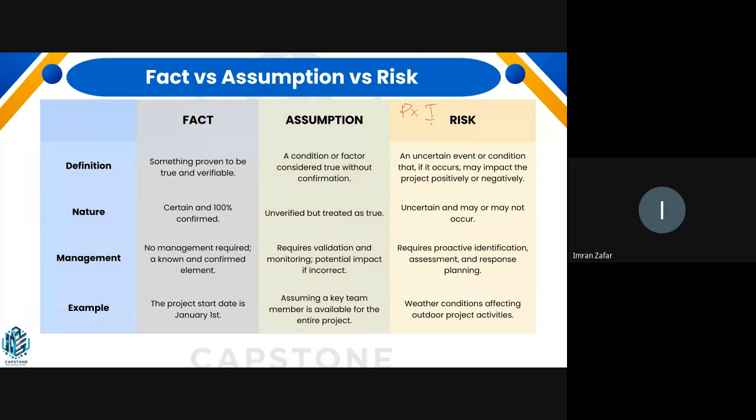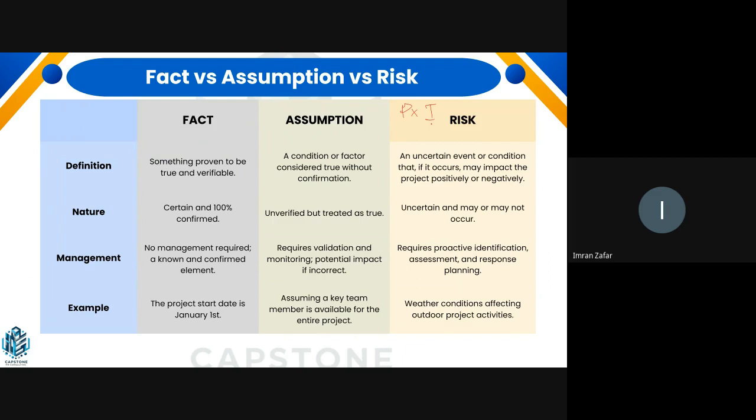For risks, we need to remain proactive. We need to identify the risks earlier. We need to have plans for how we are going to address those risks, what kind of response planning should be there whenever that risk triggers, and who is going to be the risk owner, who is going to handle that risk.